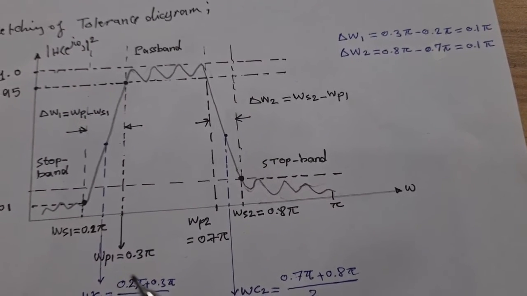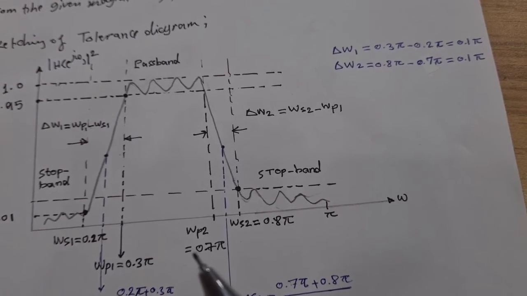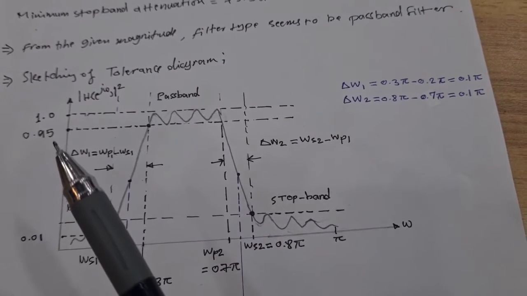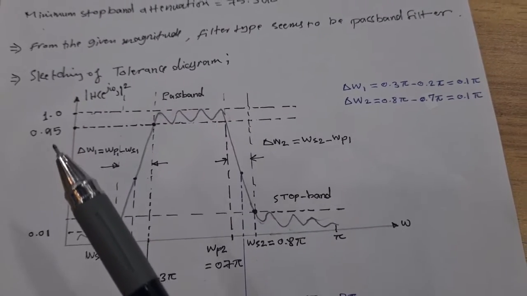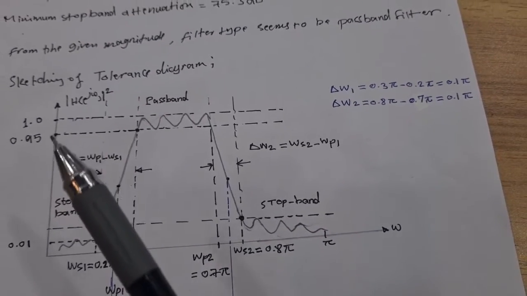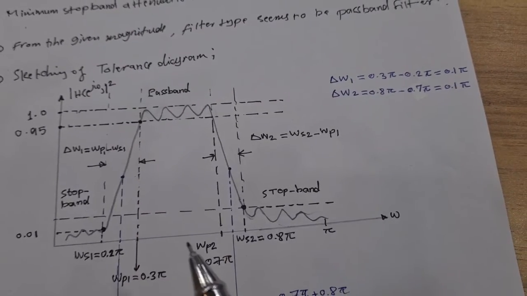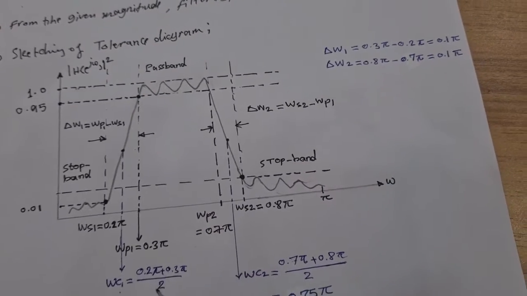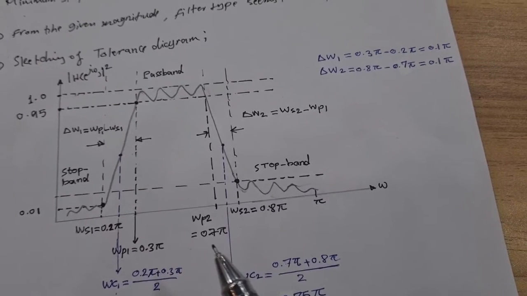Here we have 0.3π for WP1 and 0.7π for WP2, with 0.95 for the lower limit of magnitude and 1 for the upper limit of the passband, applied on the frequency axis from WP1 to WP2, which is 0.3π to 0.7π.